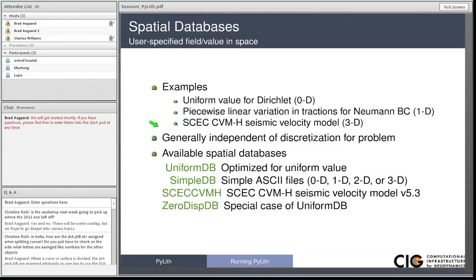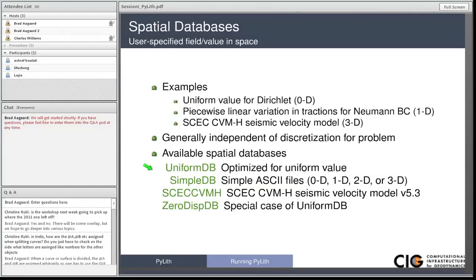One of the advantages of these databases is that you specify the points independent of the discretization of the problem. So if you have a linear variation, you just specify those control points, and then all the values within the mesh are interpolated from those control points. So you can change the discretization size, you can change the type of cells without having to change your spatial databases.